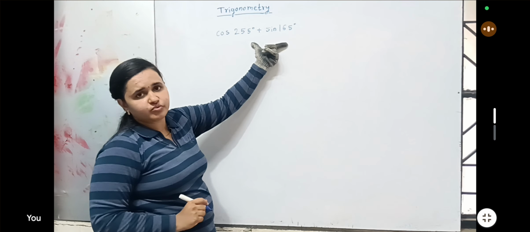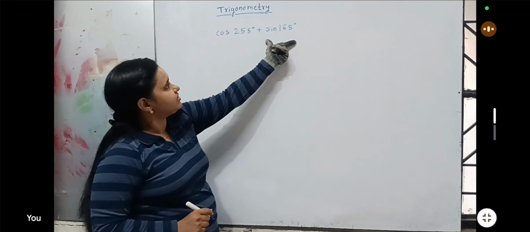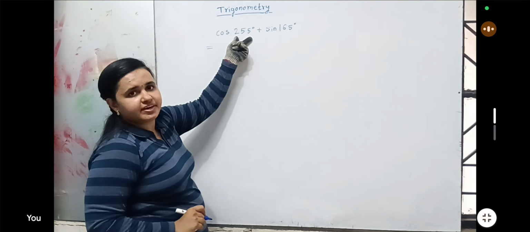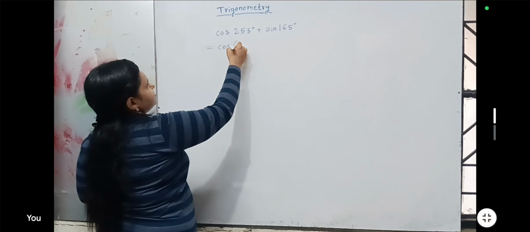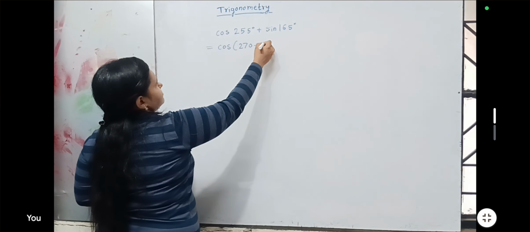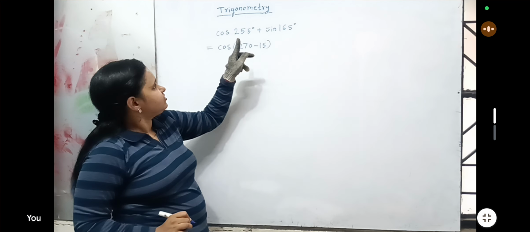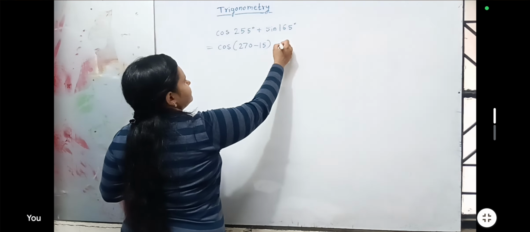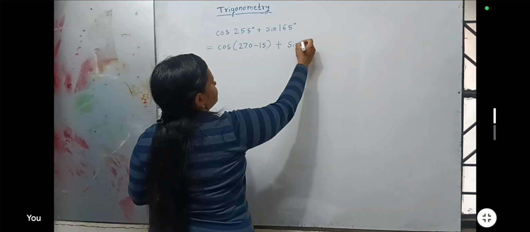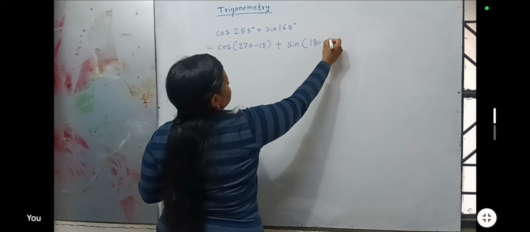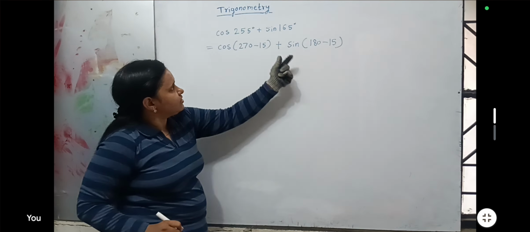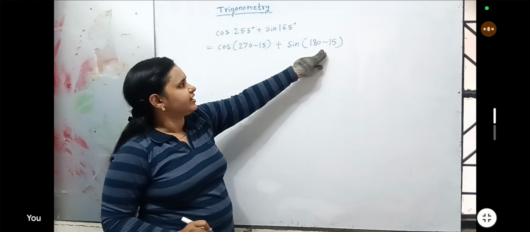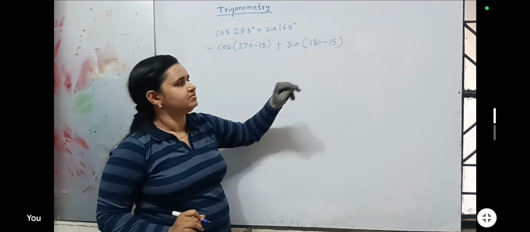Now our next question is cos 255 degree plus sin 165 degree. Now we can write 255 degree as 270 minus 15, plus sin 165 degree, which we can write as 180 minus 15.